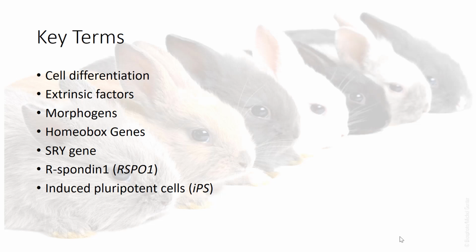R-spondin 1 will then lead to an upregulation of certain elements that will finish the process of developing a fully functional female mammal. Last key term, induced pluripotent cells.